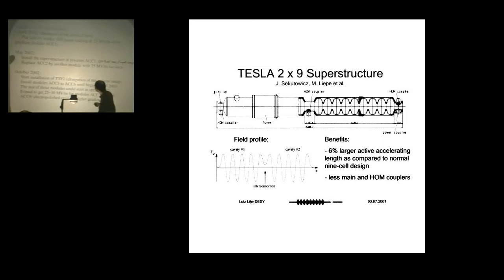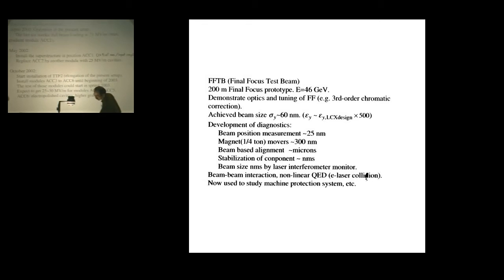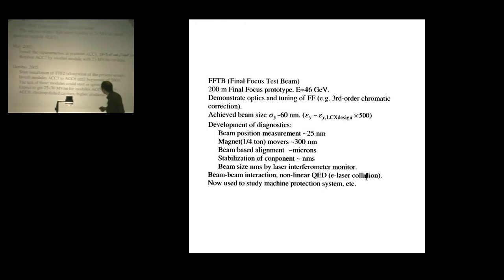And also the second module will be replaced by another module which can be operated at higher gradient. Then in October they will start installation of TTF2. It's an elongation of the present setup. So they will install another 4 modules until the beginning of next year.